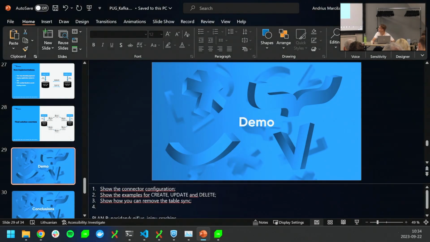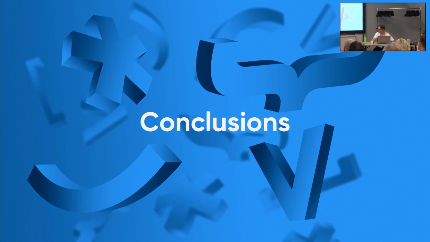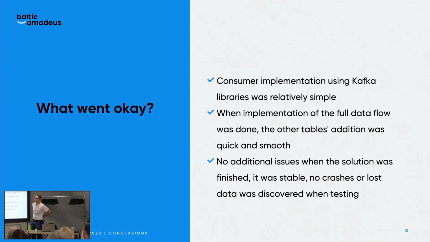So let's get back to the conclusions. To summarize, what went okay? We were pretty surprised that the consumer implementation using Kafka libraries was relatively simple. Of course, we didn't do anything too fancy, but the most time-consuming part of the consumer implementation was probably the dynamic queries themselves.